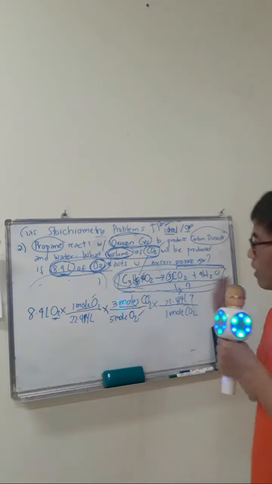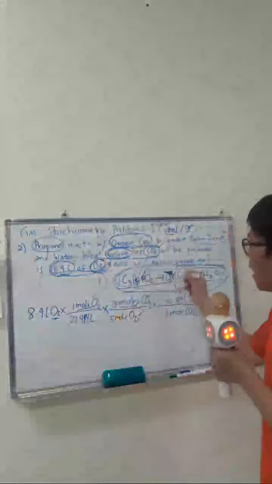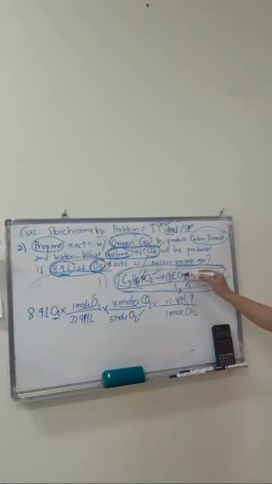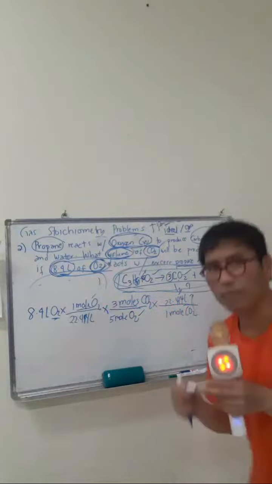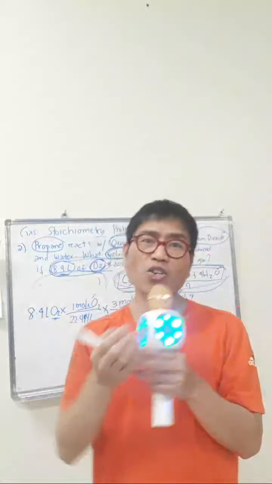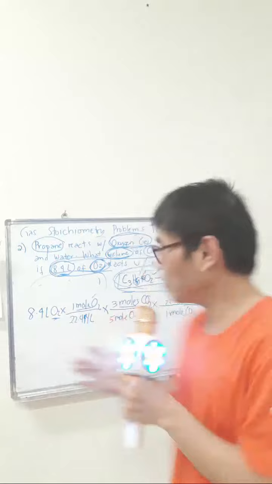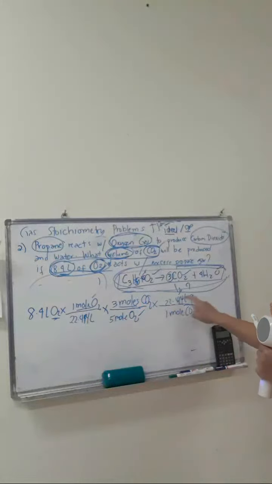Because all of them are behaving as ideal: the propane gas, the oxygen gas, the CO2 gas, and the H2O vapor. If you assume it's ideal, all of them will behave as ideal. So that's why it's 22.414 liters of CO2.